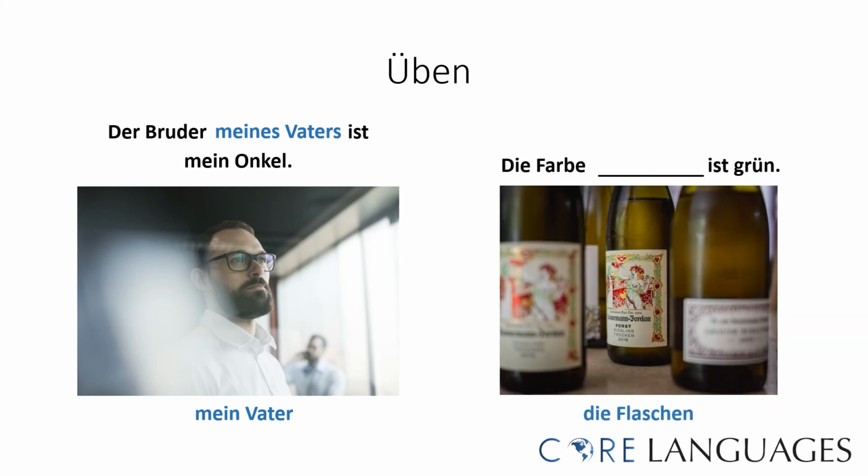And how about this example? Die Farbe ist grün. The noun in the genitive is die Flaschen, which is the plural of the bottle, the bottles. Die Farbe der Flaschen ist grün. The color of the bottles is green.